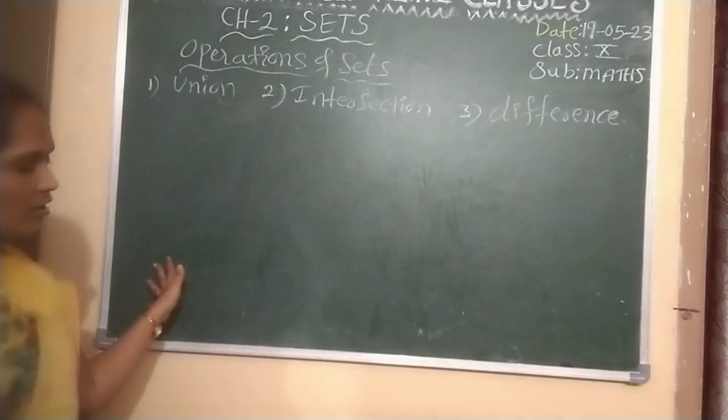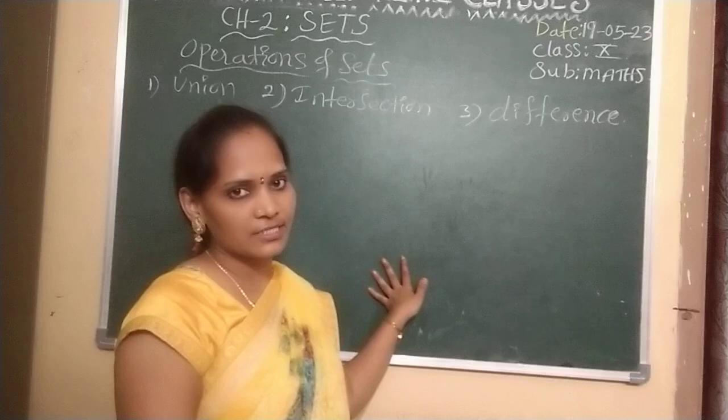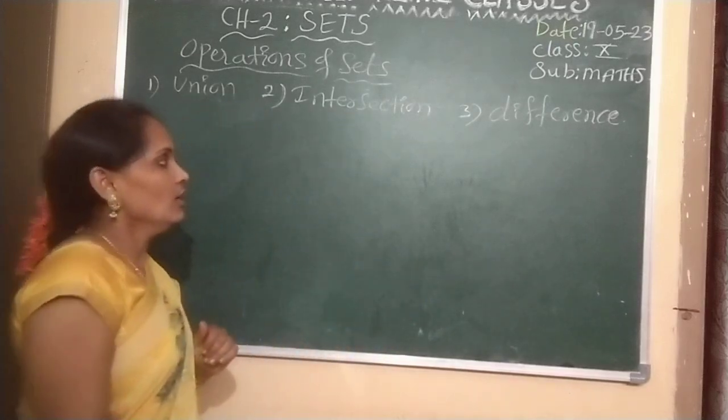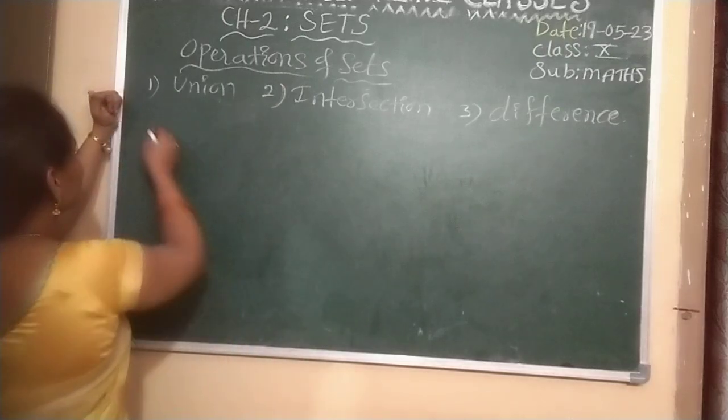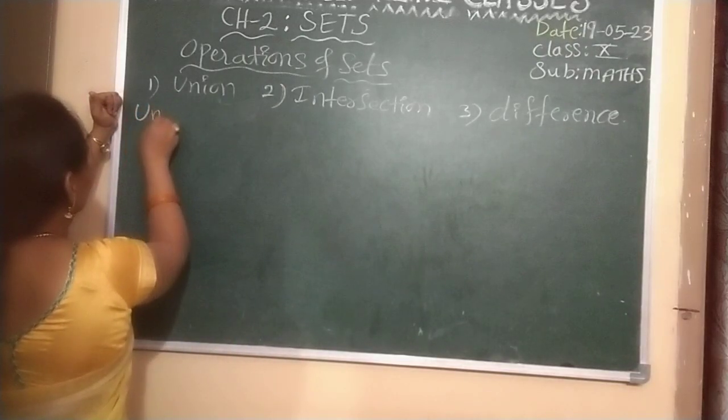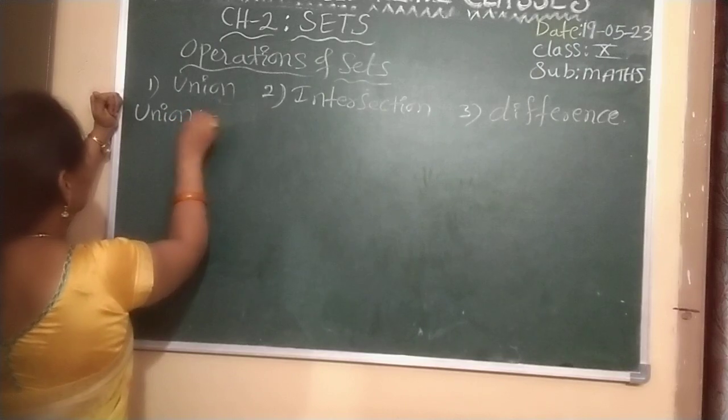So these are the operations on sets. Now let me explain one by one. The first operation is union.